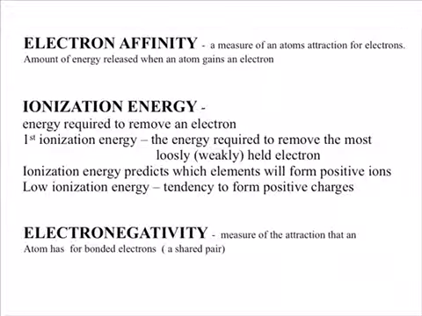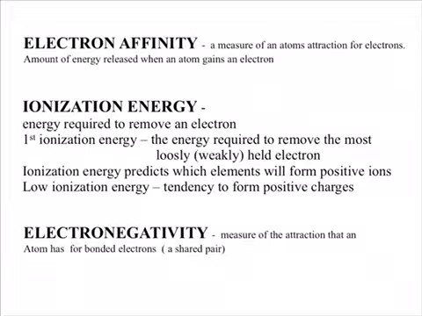Ionization energy has to do with the energy required to remove an electron. So if it's very difficult to take an electron away from an atom, then it would have a high ionization energy.